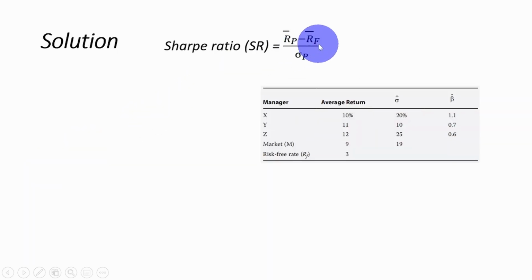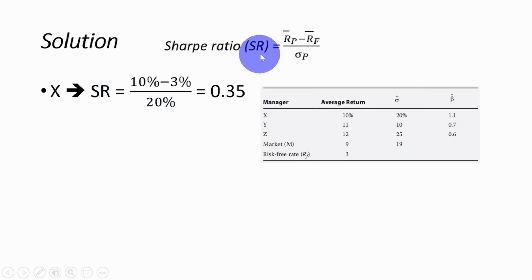Now, if you look at our Sharpe ratio formula, we have the return of the portfolio. Then we subtract the risk-free rate. The risk-free rate is 3%, divided by the standard deviation of the portfolio. These are given here. So for portfolio X, if you substitute, the return of the portfolio is 10%.